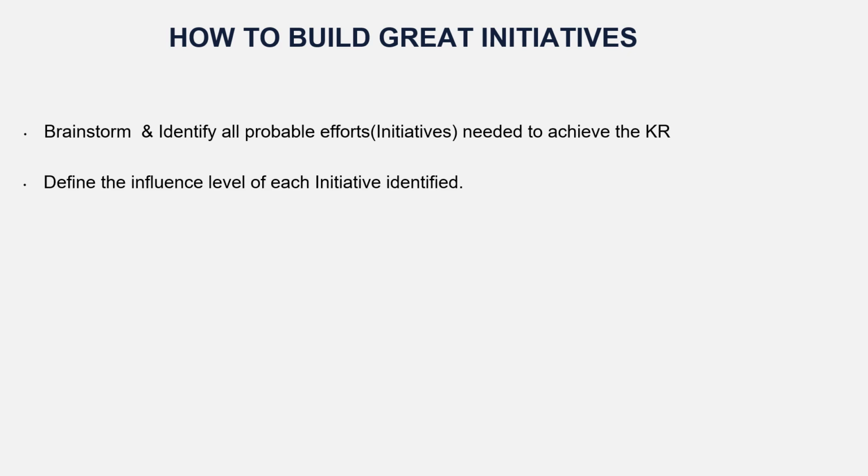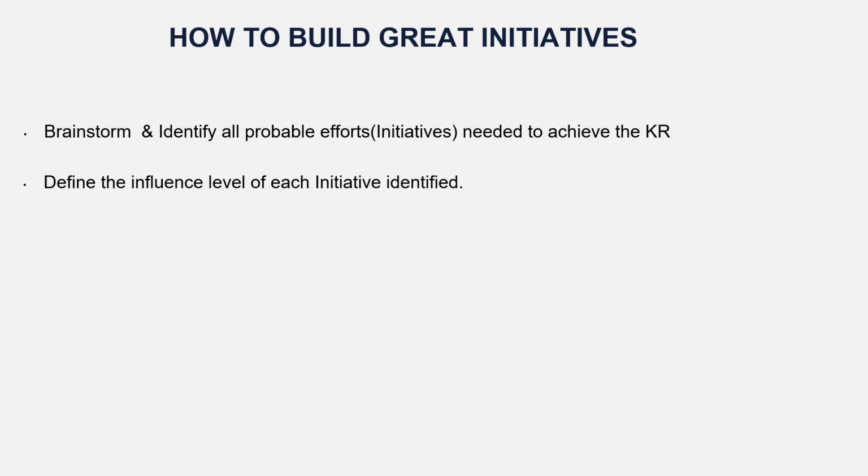Once we have identified all the probable efforts, or so-called initiatives, we need to understand the influence level of each of the initiatives on the KR accomplishment. What does it mean? Let us say we identified 3 or 4 initiatives, and each initiative will deliver a different level of results when you complete it.